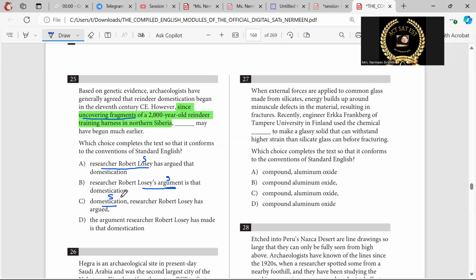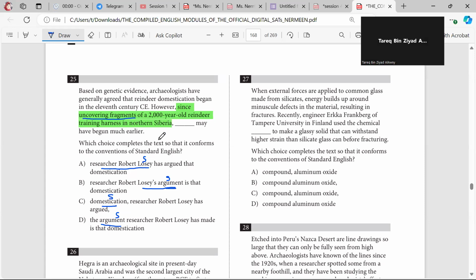Okay, letter D, the argument researcher. No, it's the argument. Yes, the argument that he has made.